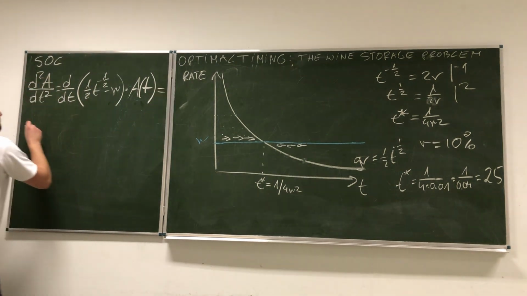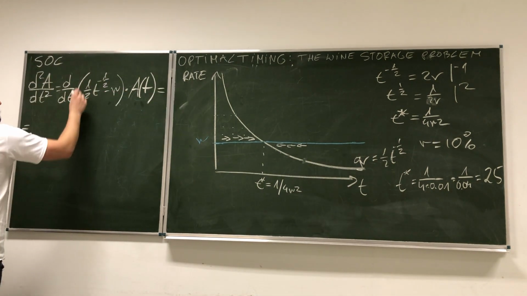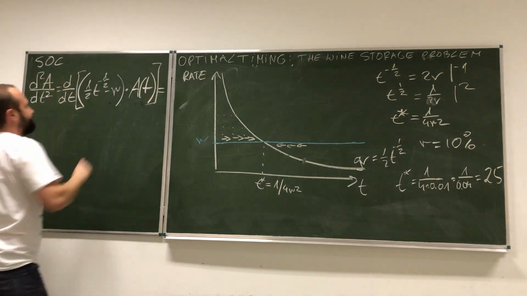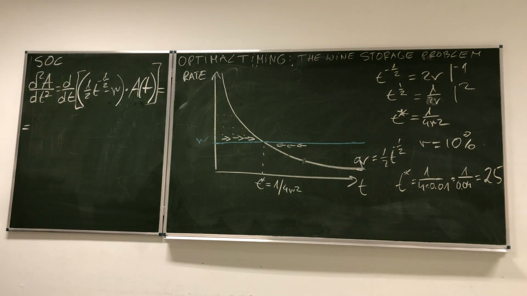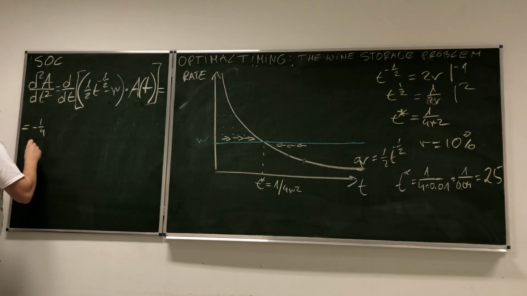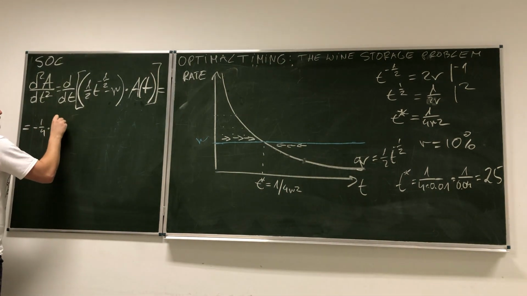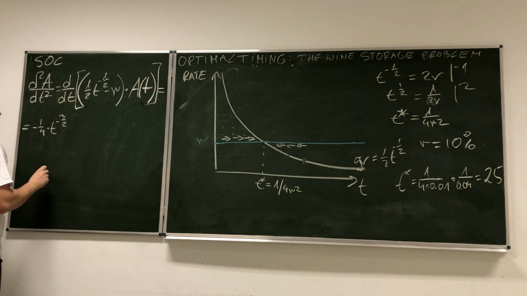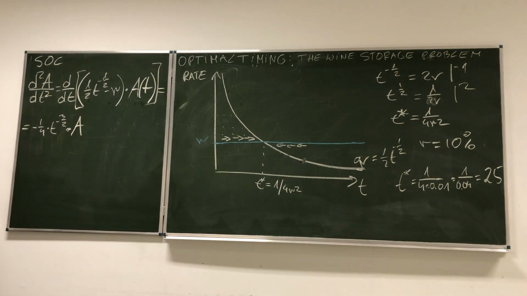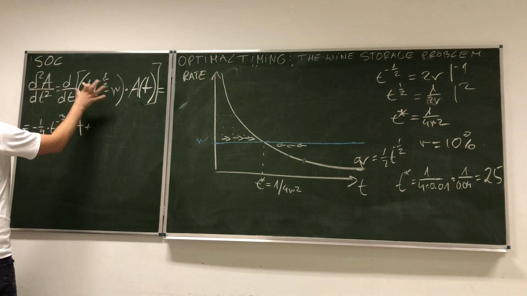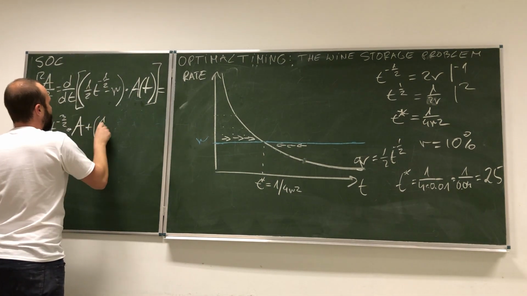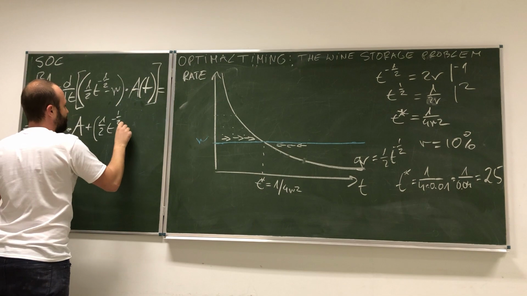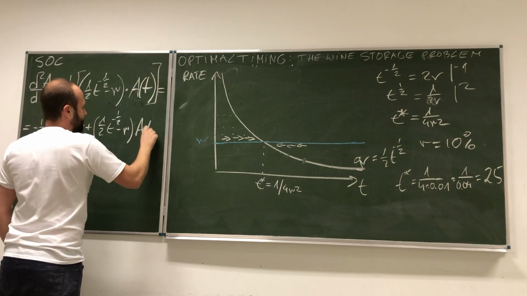So, the derivative of this expression would be negative 1 over 4 times t to the power negative 3 over 2, right? Times A. Now, for the second part, we have 1 over 2 t to the power negative 1 over 2 minus r times A prime.